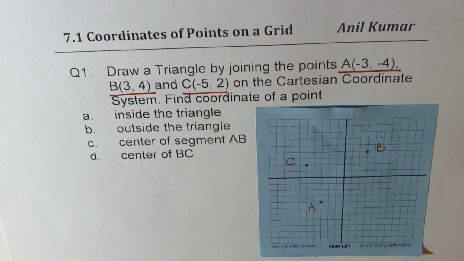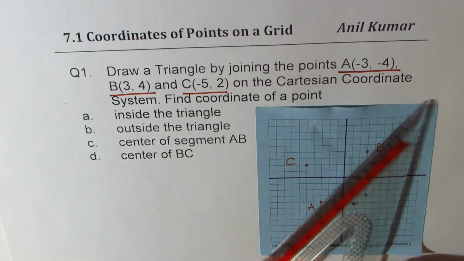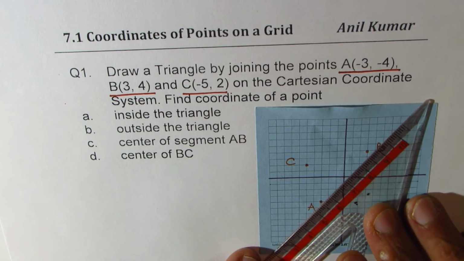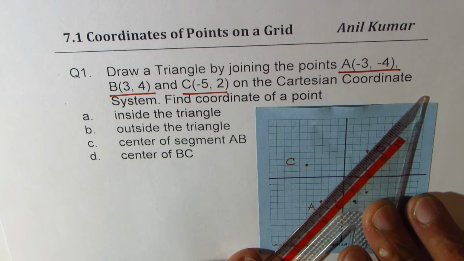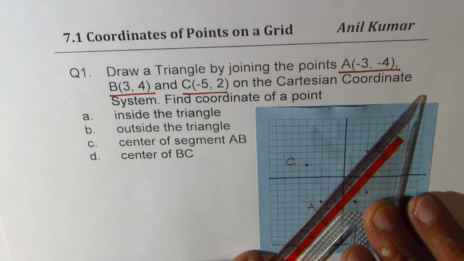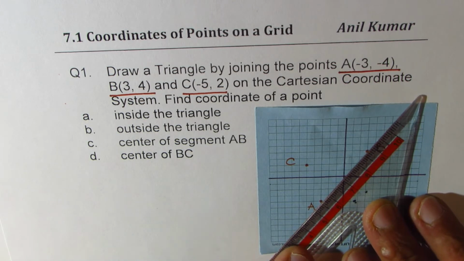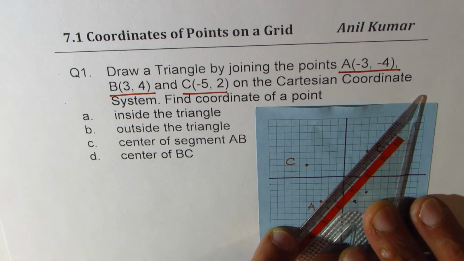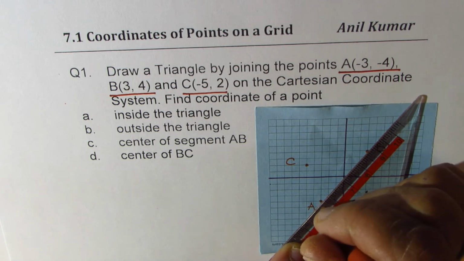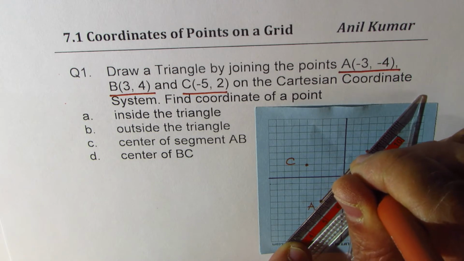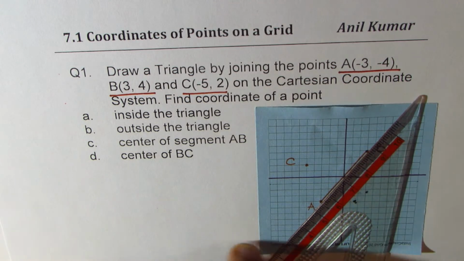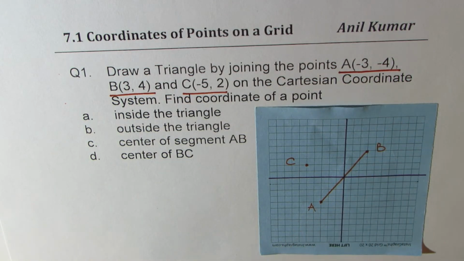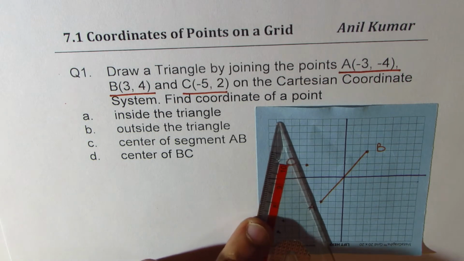Once we get these 3 points, we have to join them to form a triangle. If I join A and B, then the line which we get will go through the origin, as you can see, correct? So just join A with B. This is called the segment AB. Now with A, let's join C also, right?